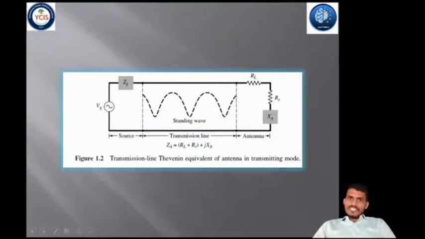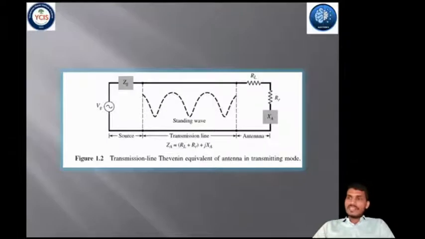The load resistance RL is used to represent the conduction and dielectric losses associated with that particular transmission line or antenna structure. RR is referred to as the radiation resistance, and it represents radiation by the antenna.